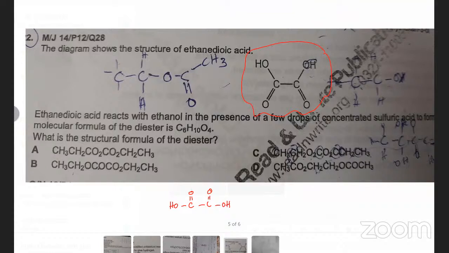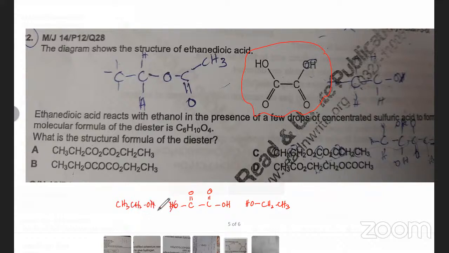So this one has two carboxylic acids, and it's reacting with ethanol. So the ethanol would be CH3CH2OH. There's going to be an ethanol that will react over here as well.